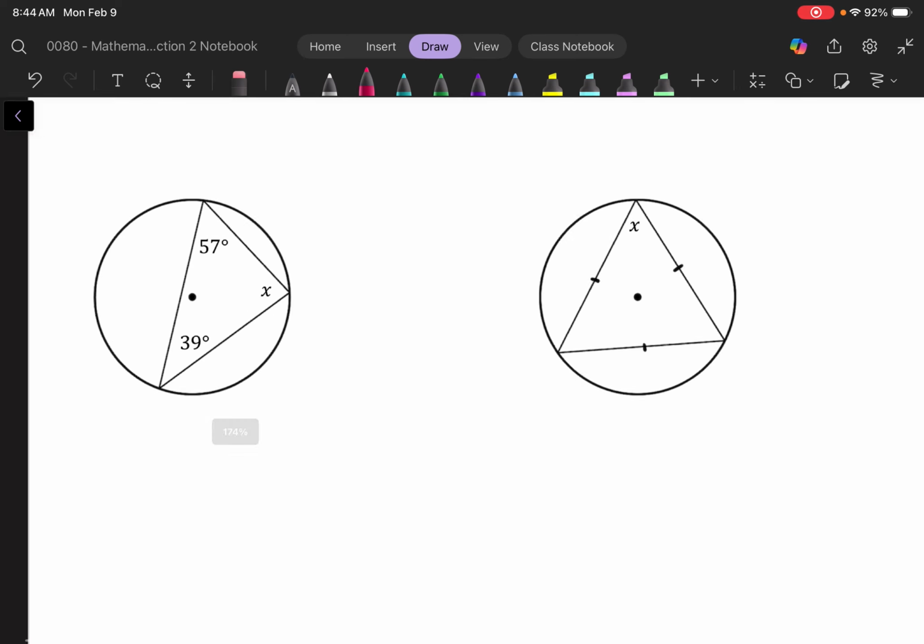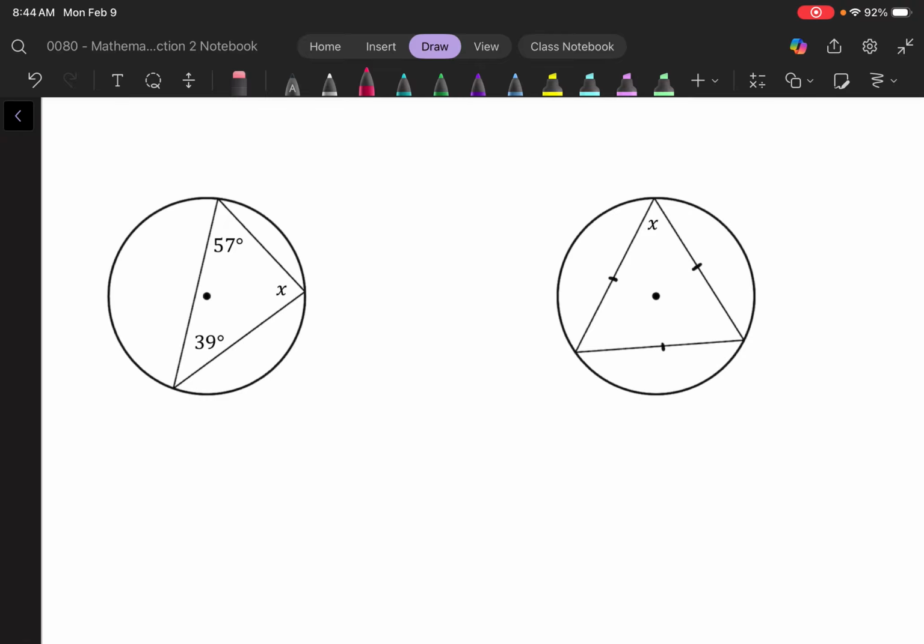Of the bottom two, there's no markings on any of the angles or sides here, but I can see the angles that I have are pretty drastically different, and there's no markings that I can either add or can see. So this one would just be scalene. And the last one, I see three congruent side length markings, so this would be equilateral.